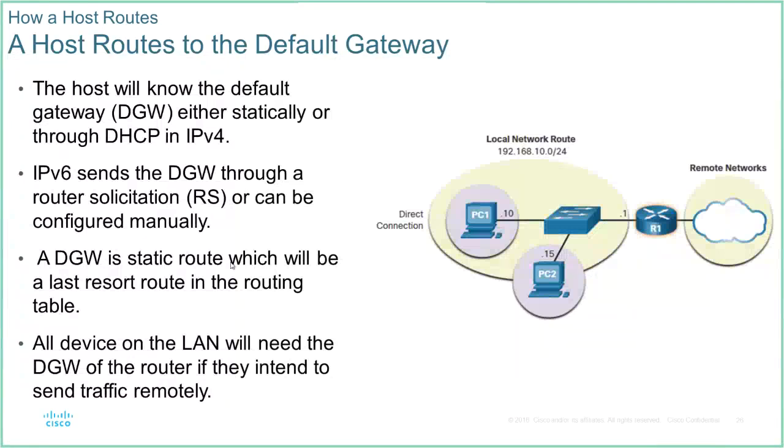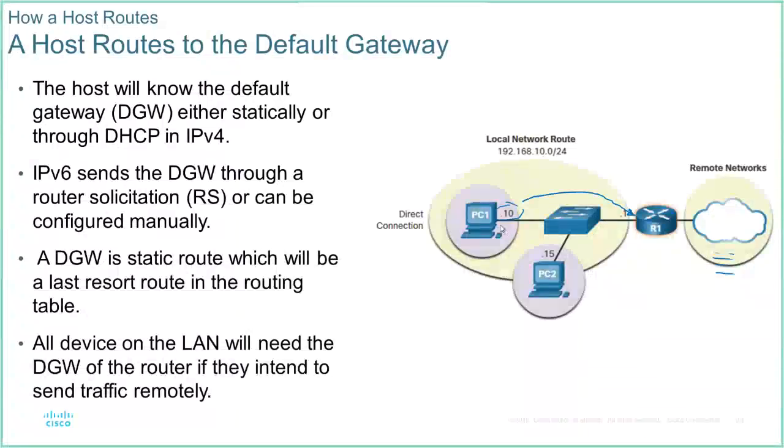So basically we say this is my address, and to get off this network we've got to go to this device to get to anything out here in the remote world.